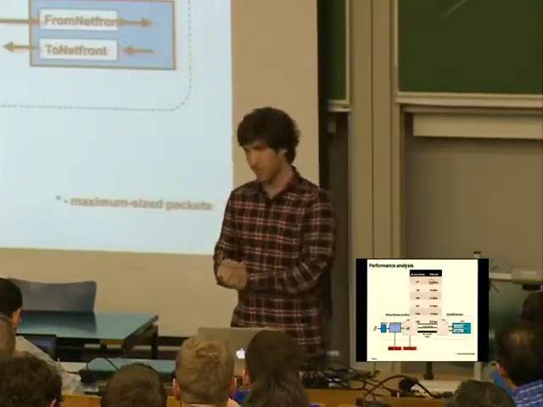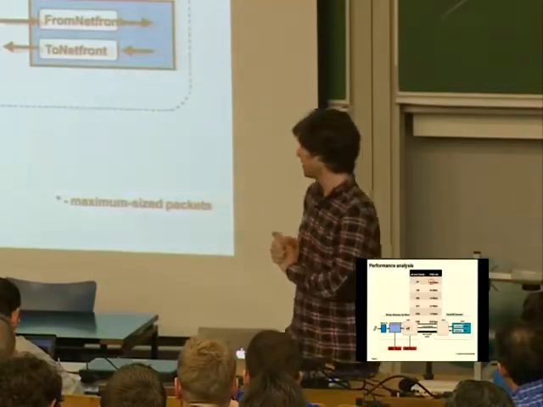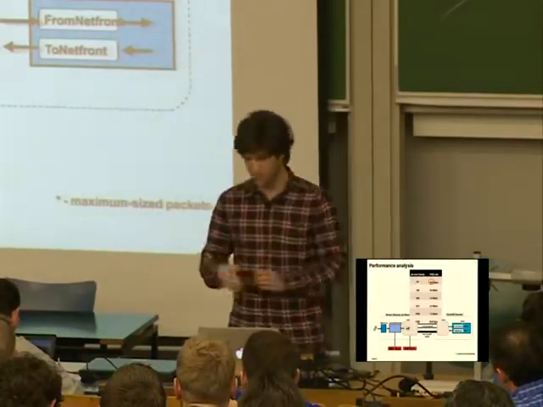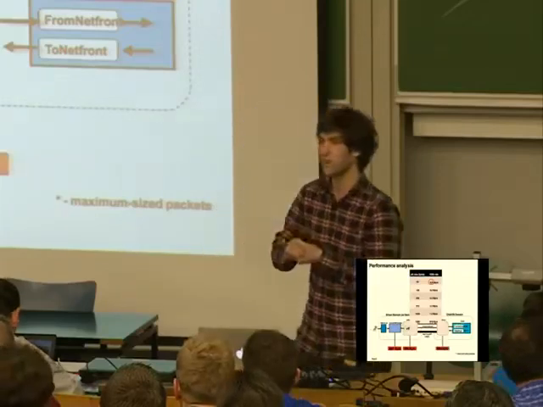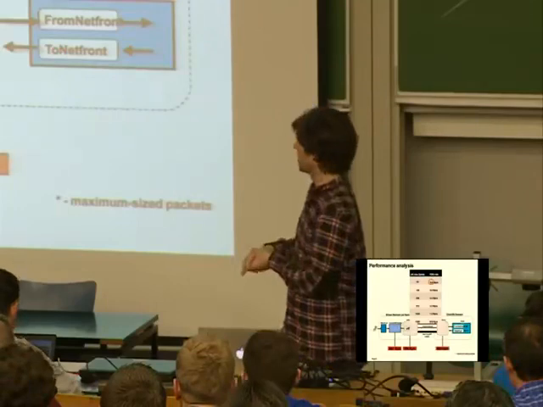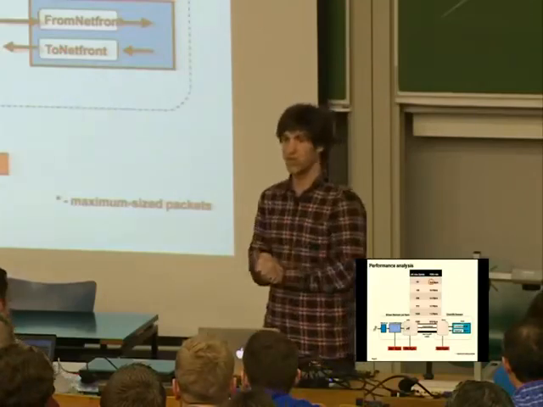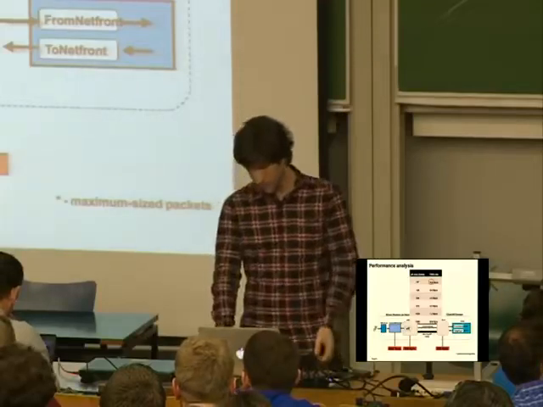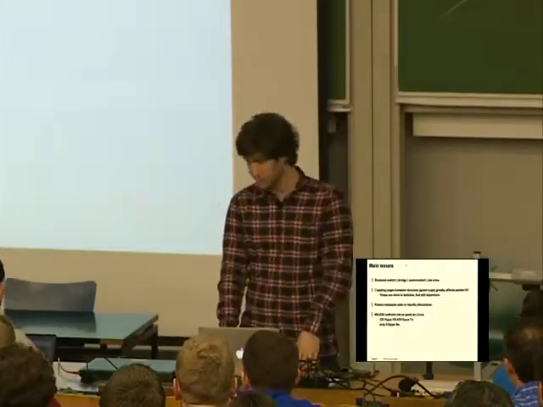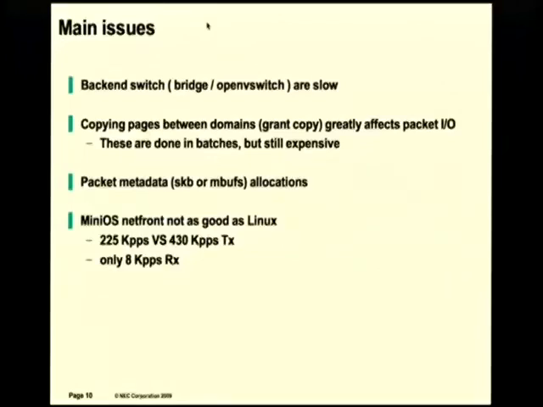When we place netback in, 350, and with the whole thing together, just roughly 225,000 packets per second, which corresponds to 2 to 3 gigs of throughput.